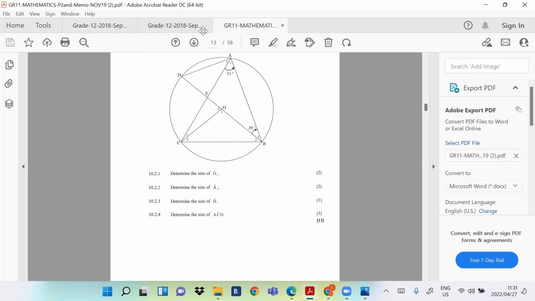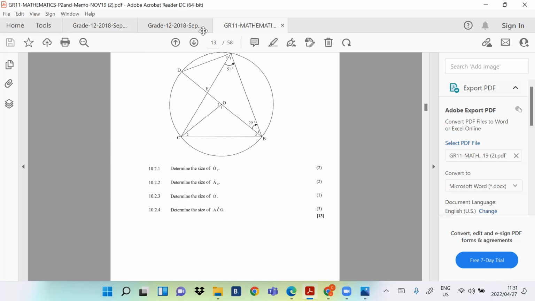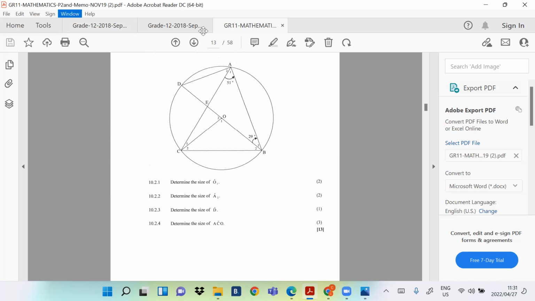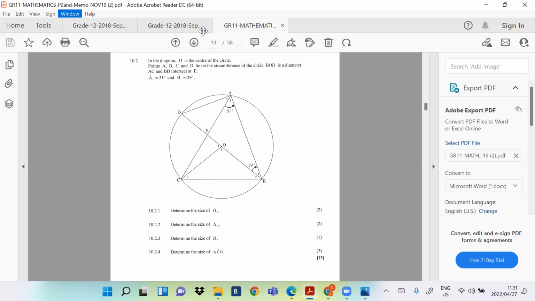But this shouldn't take too much time. How far are you guys? I'm in the second question. Cool fellow, how far are you? I'm still struggling with the first one.